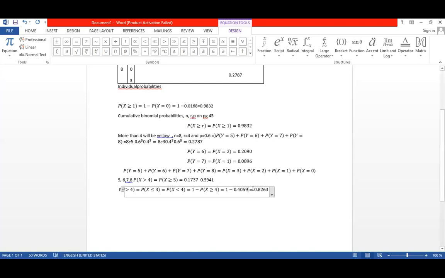When you subtract, what do you get? 0.5941. Is it the same answer? Yes. Good.